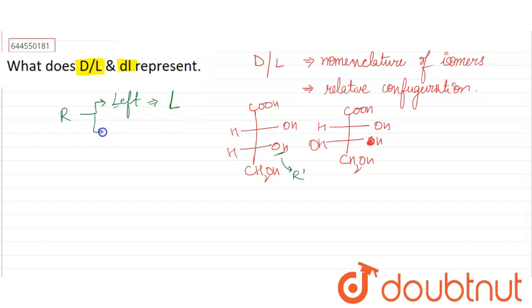It is easy to learn that way. If it is on the right hand side, we name it the D isomer.